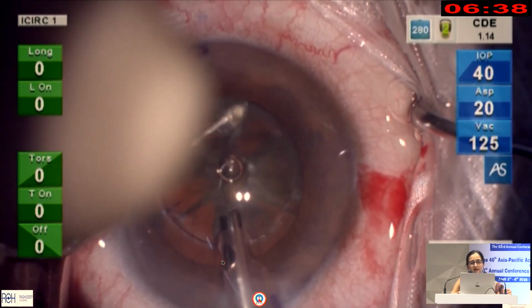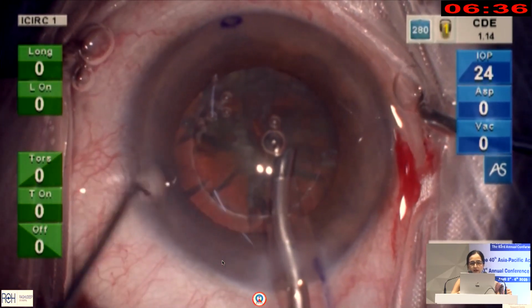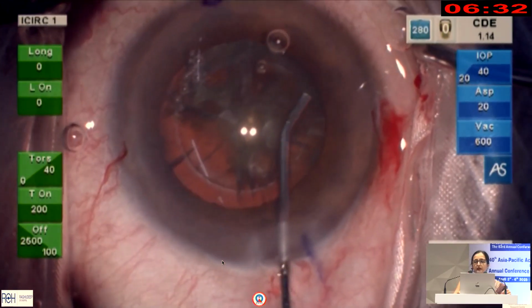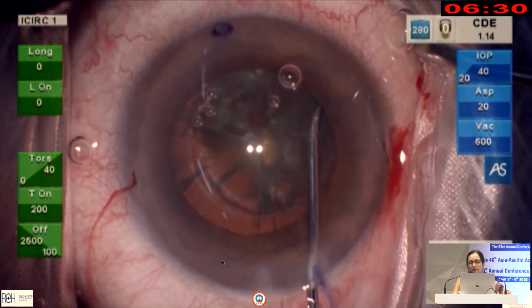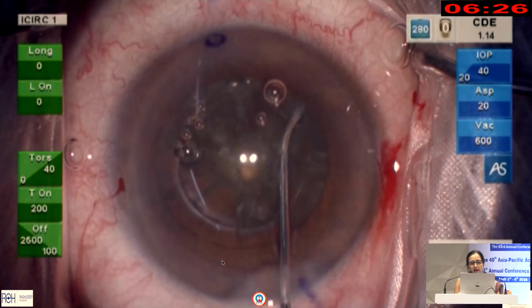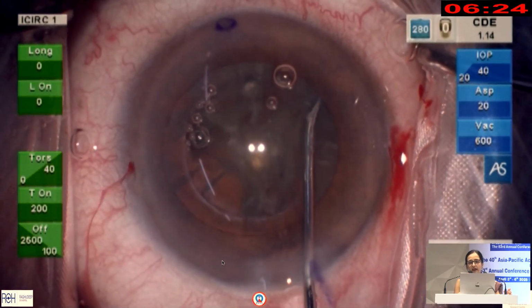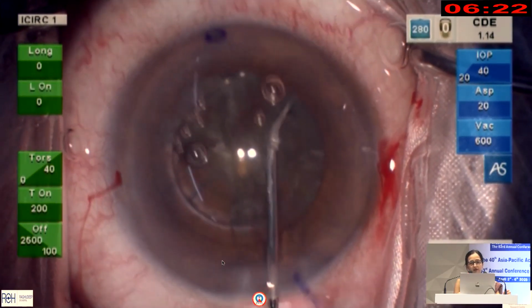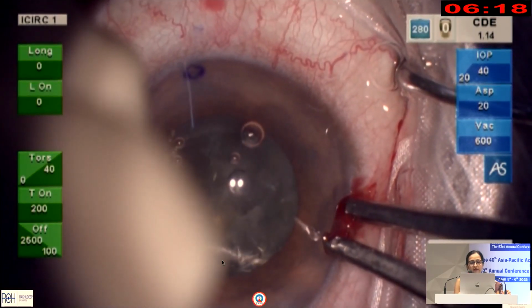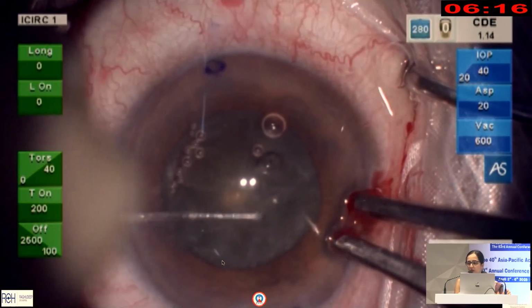You can see that the surgeon is struggling to rotate. At this point, the smarter thing would be to stop and perform multi-quadrant, small aliquots of hydrodissection in more than one quadrant. We like to use this special angled cannula. It's not very fancy, made by one of our own Indian companies. So do it in 2 or 3 quadrants, and then as you can see here, the nucleus will rotate freely.